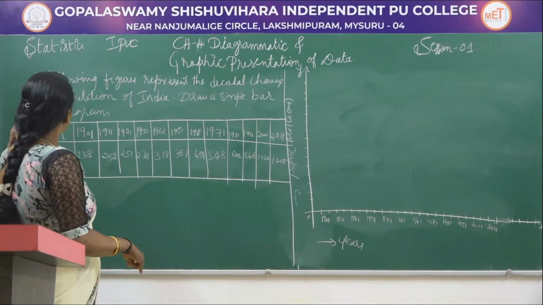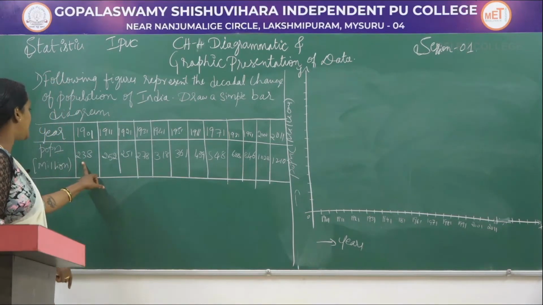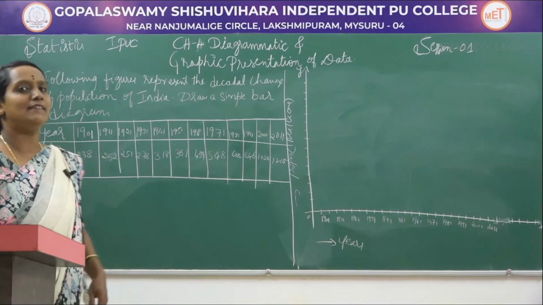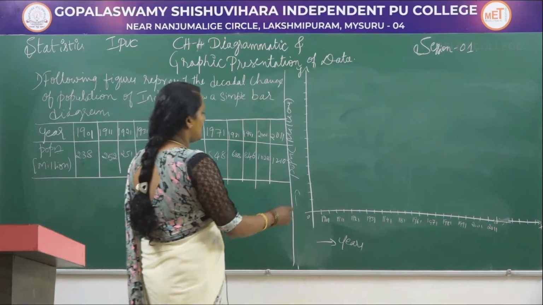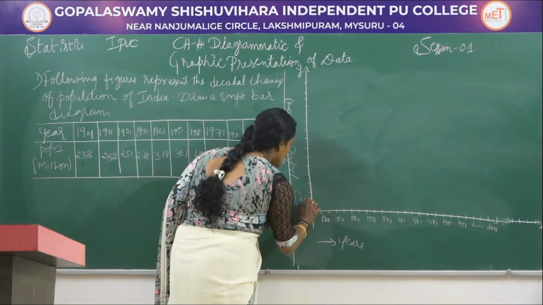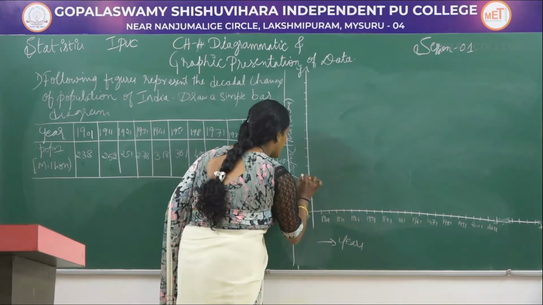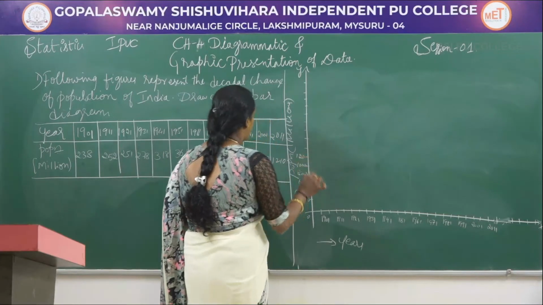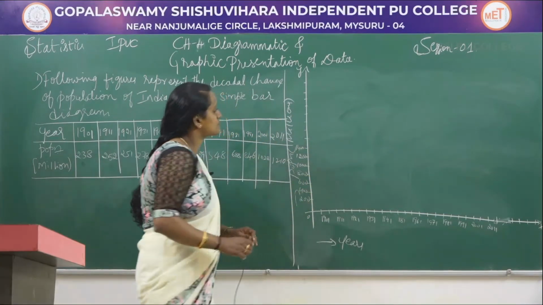Population is in millions, and the least population is 238 and the highest population is 1210. So I'll take the y-axis population starting from 200. Next will be 400, 600, 800, 1000, 1200, 1400.